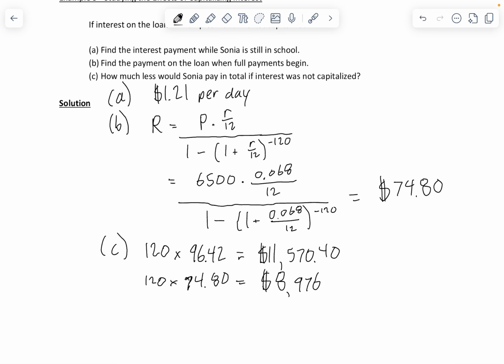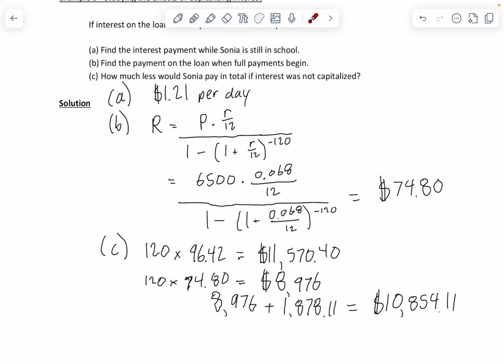But then we also have to factor in the interest paid up front, because she's been making interest payments while she's in school, right? So we would take the $8,976 and add in the upfront interest, which was $1,878.11, and that works out to be $10,854.11.